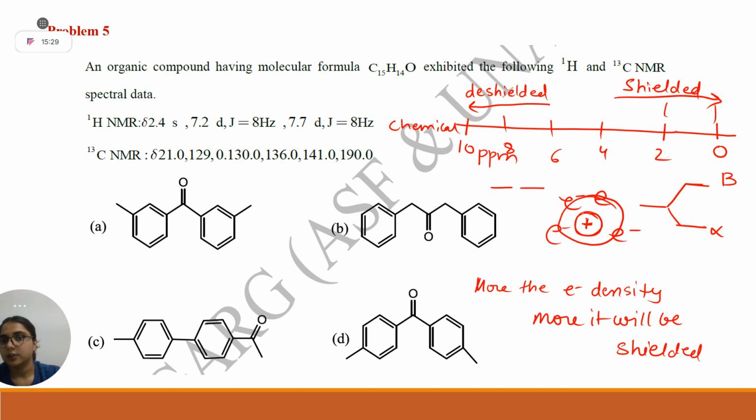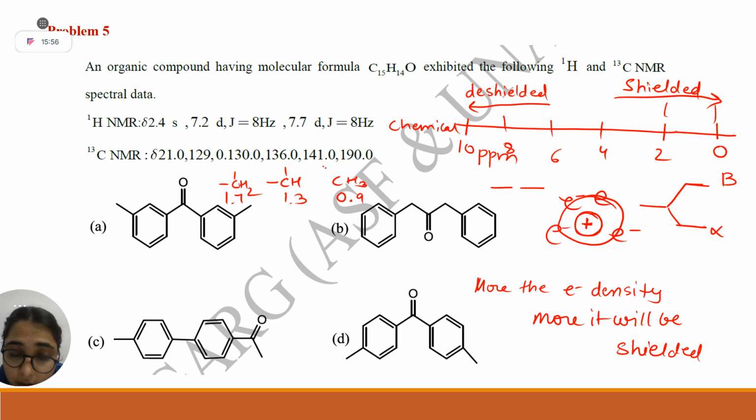In this way, we are going to think. So let's say you are having secondary, and this is CH2, CH, and CH3. You just have to remember base values: 0.9 for this, 1.3 for this, and 1.7 for this.